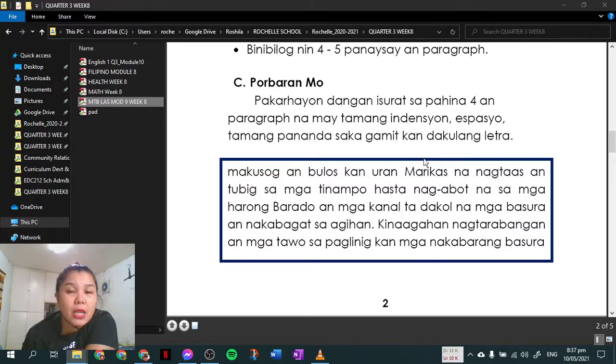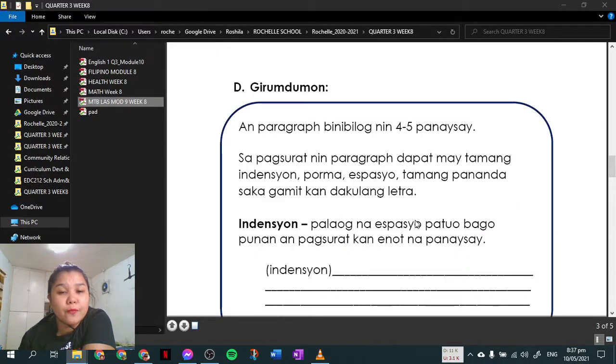So it means at the beginning you use big letter. And then at the end, don't forget the period or any punctuation mark. And then, may mga papakita kung paano nagsusulat ng paragraph. So, this is the one that you have to write on page 4. Aayusin.